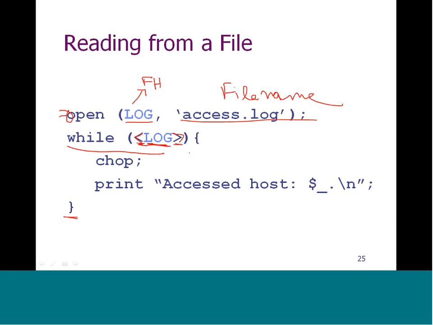It reads one line at a time from access.log, and prints it out with $_. Here $_ is directly equal to this line, so you can think of the assignment like this.